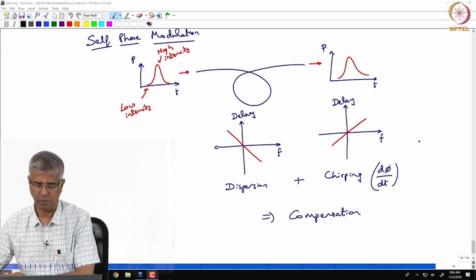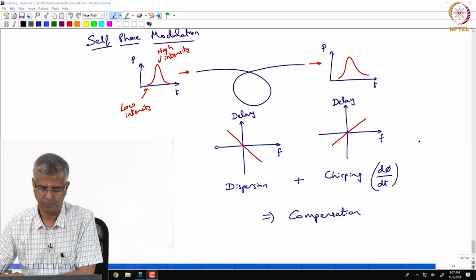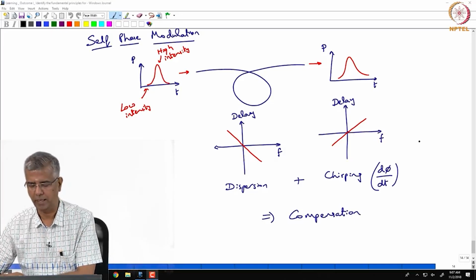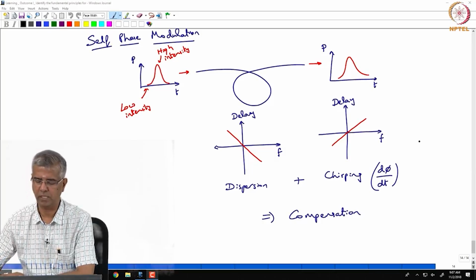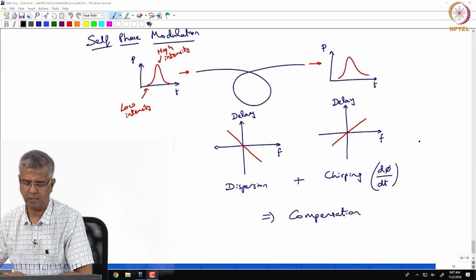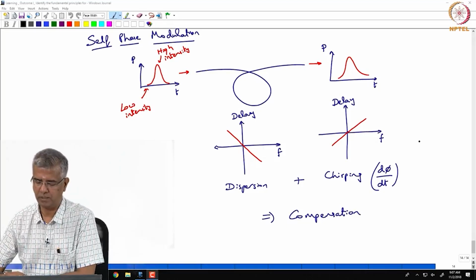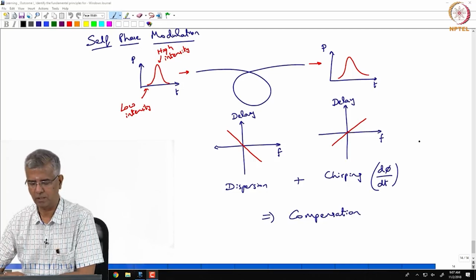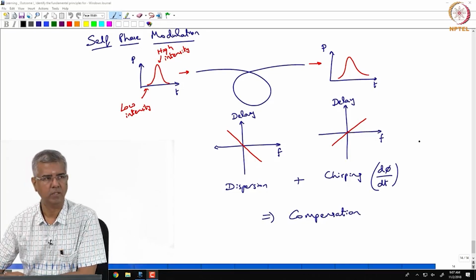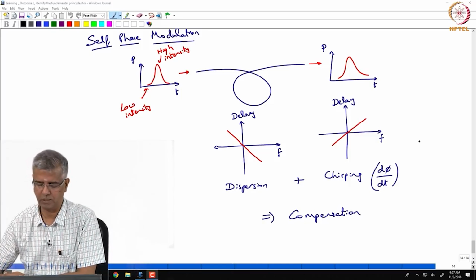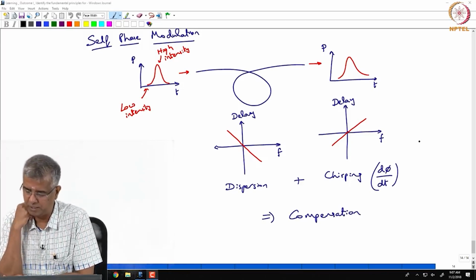We were saying that depending upon the intensity of the light, the medium responds differently, and so it essentially ends up delaying some part of the pulse with respect to others, and that delay produces new frequencies that were previously not present in the pulse spectrum.